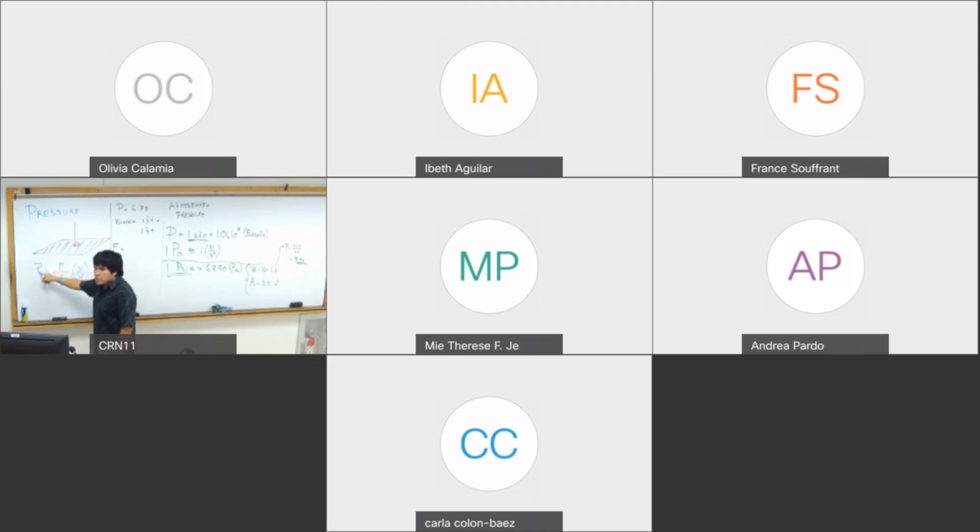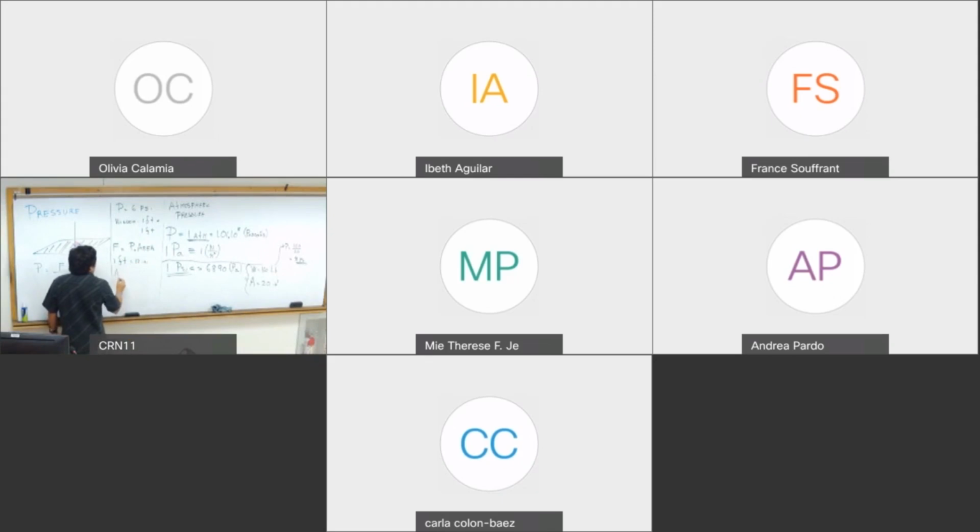Force is pressure times area. Perfect. So I need to find the area, but remember that psi is not with feet, it's with inches. 1 foot is 12 inches.